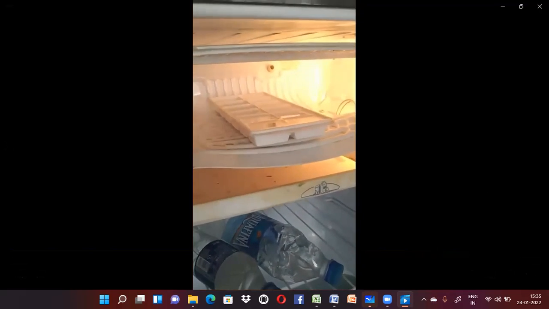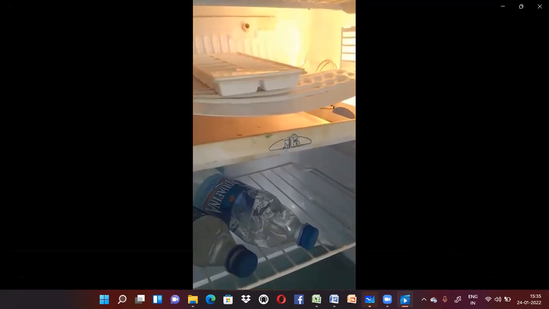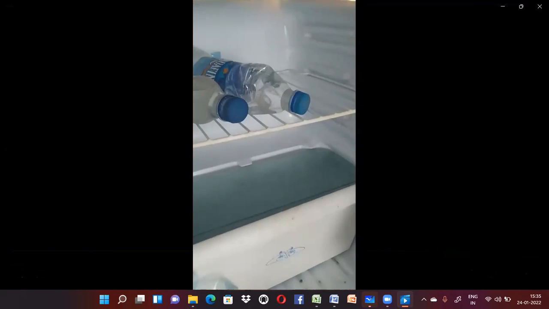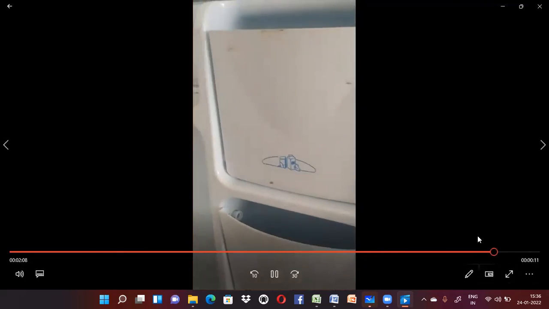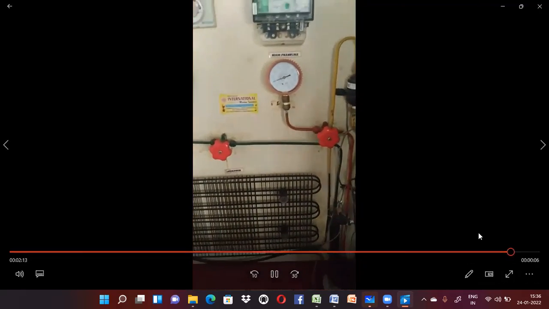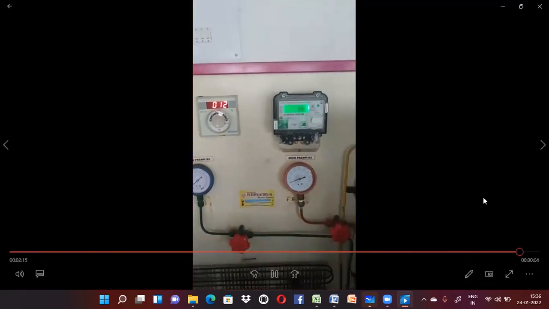Inside of it is familiar to us from our household refrigeration system, and this is the deep freezer, and inside which we have the tubes for the evaporator, and below that there is a rack, and in the front door there is a rack as well. This is in short a domestic refrigerator which is used everywhere for domestic purposes.